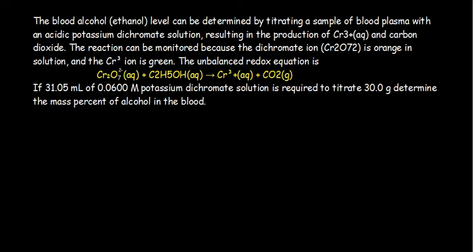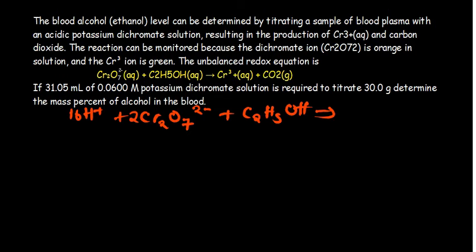So the balanced form of this equation is 16H+ plus Cr2O7 2- plus C2H5OH, giving us 4 Cr 3+ plus 11 water molecules plus 2 carbon dioxide molecules.